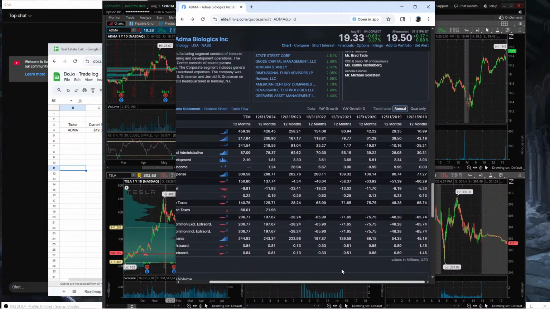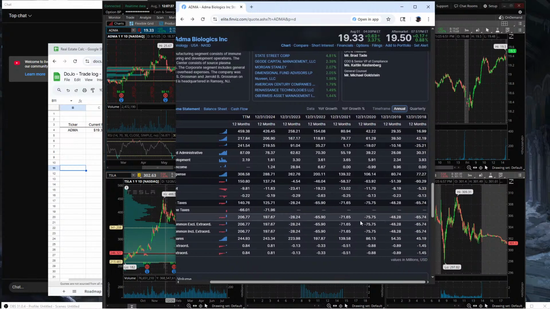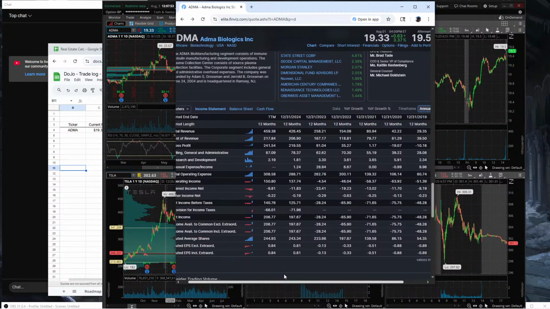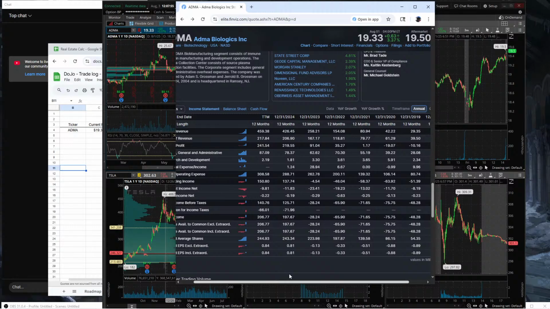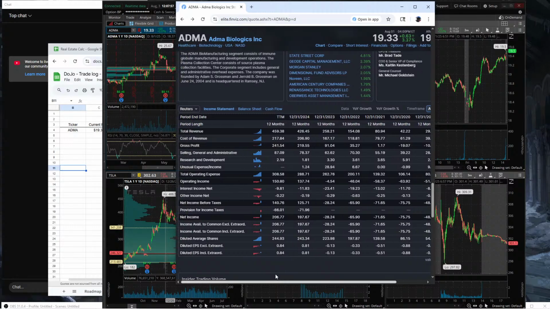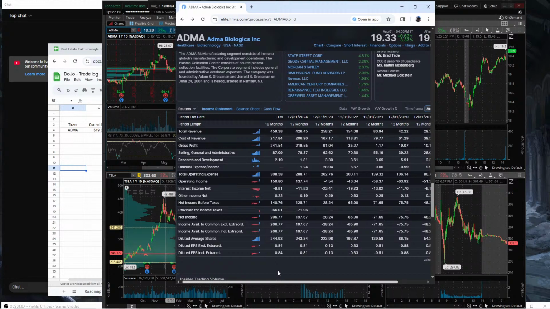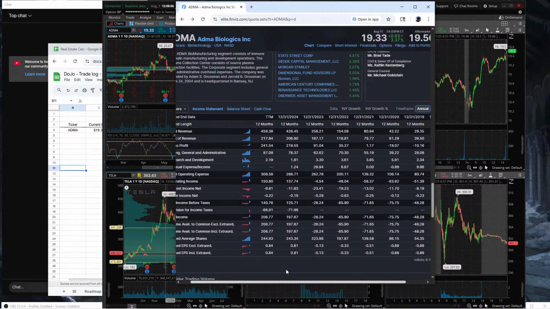That's crazy. Look at that. Their net income has been negative every single year since 2023, and then in 2024 they shoot up to 197. Like they go insanely positive. Total operating expense has been steadily increasing. That's wild that net income before taxes is the same way.